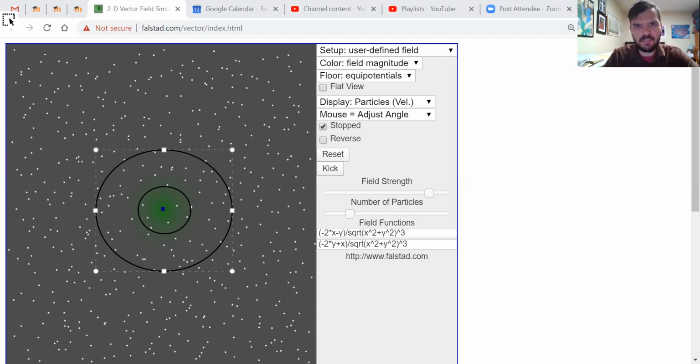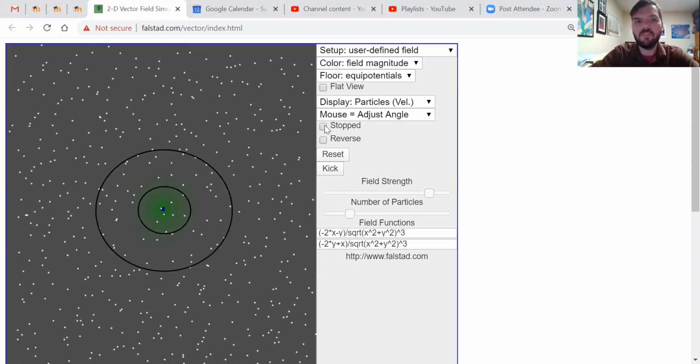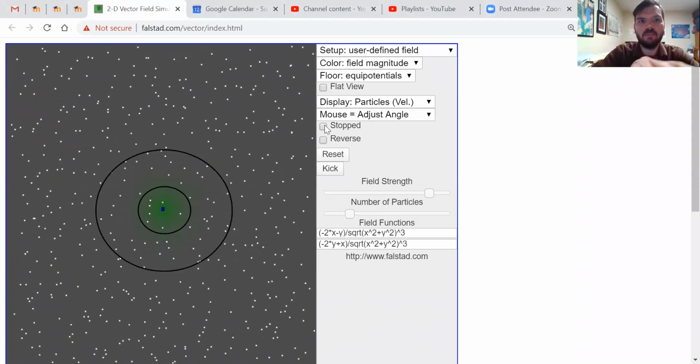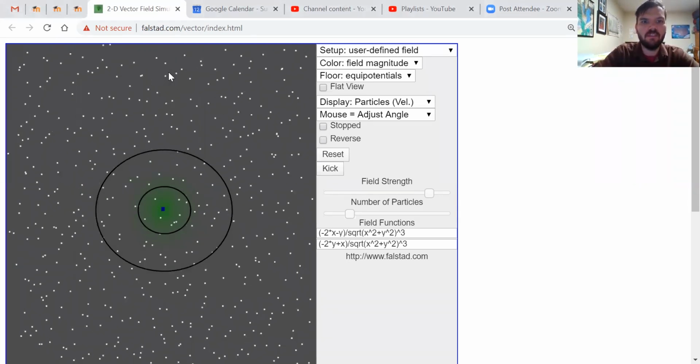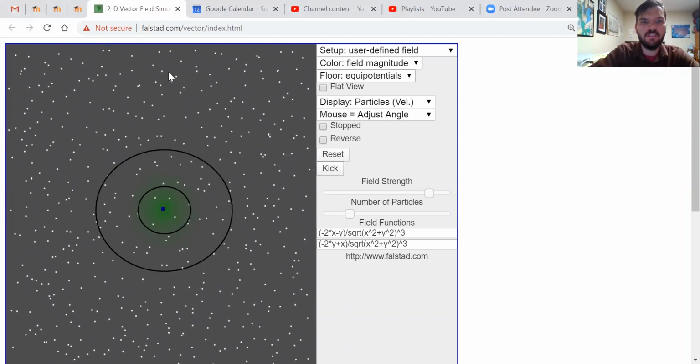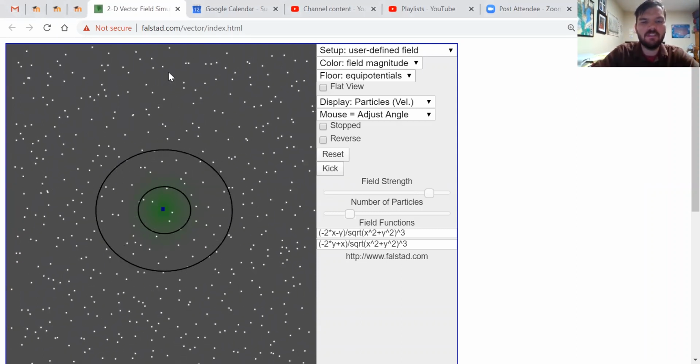I don't have a scale drawn on here, so we're going to have to just go with it. And let's run it again. You can see the slow moving work that's coming over here on the outside is very slow.